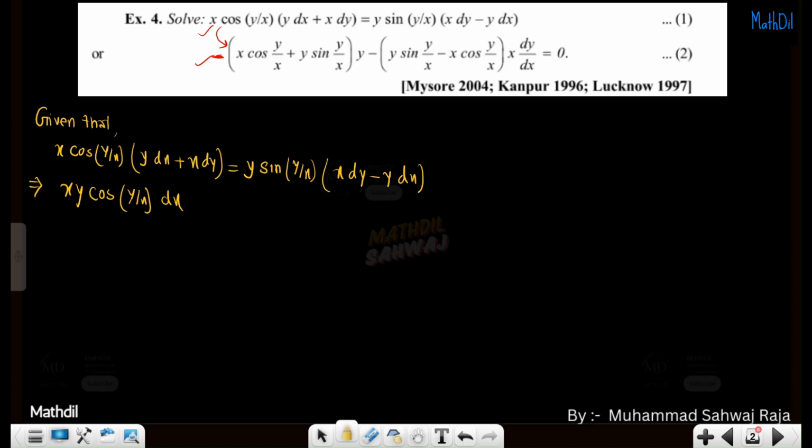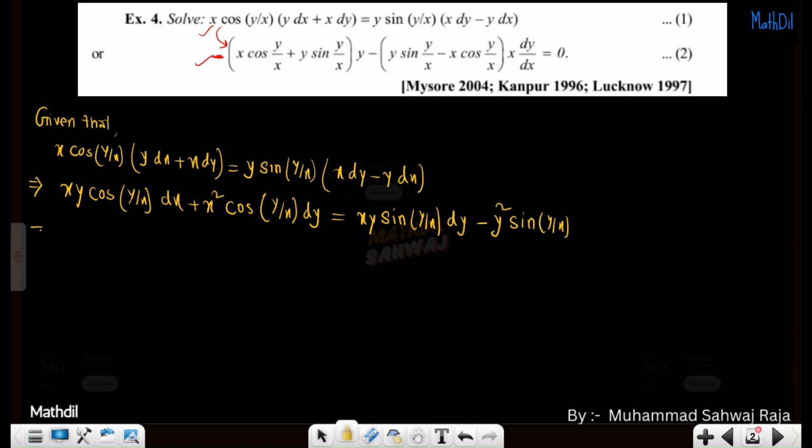Now multiply this term with this, so it will be x into x, x square cos(y/x) dy, equal to xy sin(y/x) dy minus, when you multiply this with this, y square sin(y/x) dx. So this is our new expression.